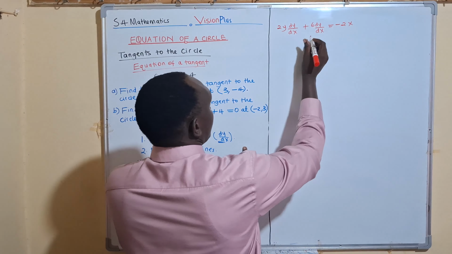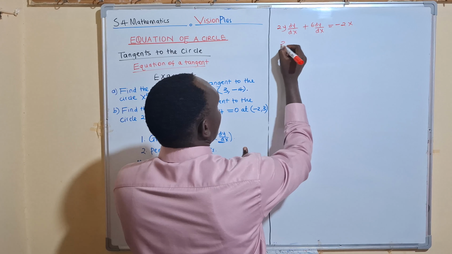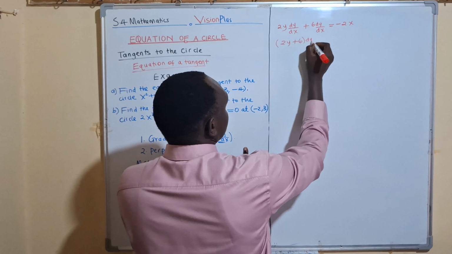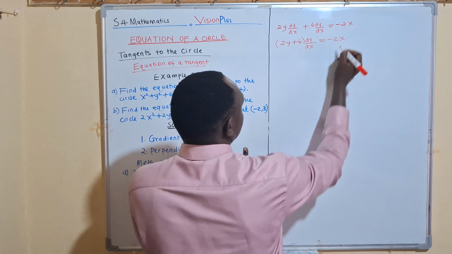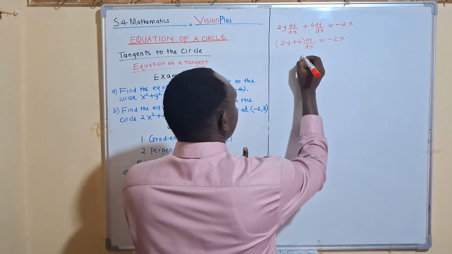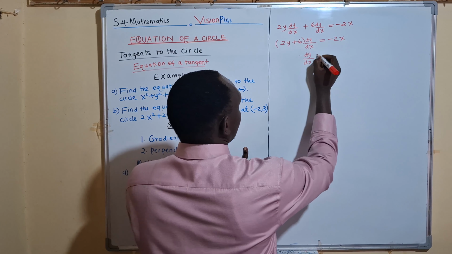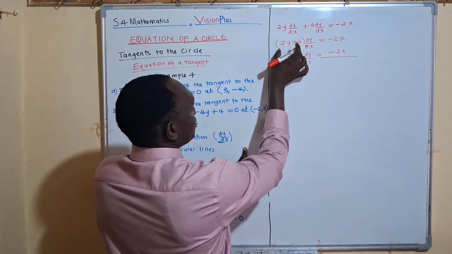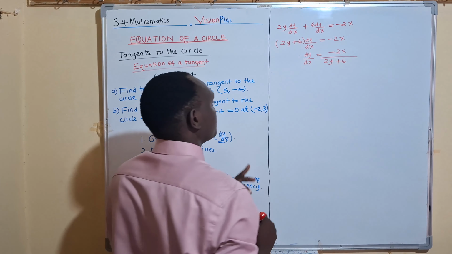Now let me factorize the left hand side so that I have (2y plus 6) dy/dx equals negative 2x. Making dy/dx the subject, I divide both sides by 2y plus 6 and will have negative 2x over 2y plus 6.